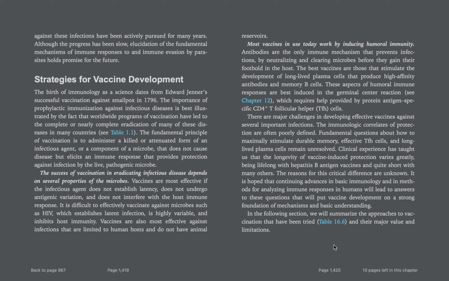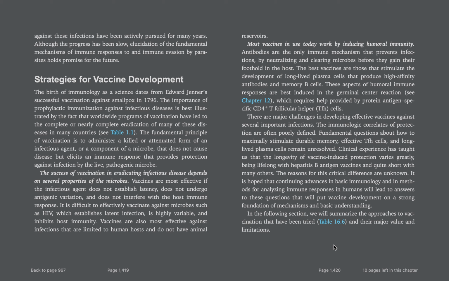There are major challenges in developing effective vaccines against several important infections. The immunological correlates of protection are often poorly defined. Fundamental questions about how to maximally stimulate durable memory, effector T follicular helper cells, and long-lived plasma cells remain unresolved.